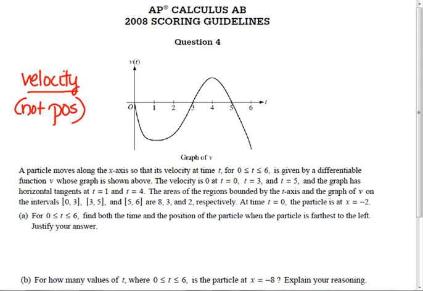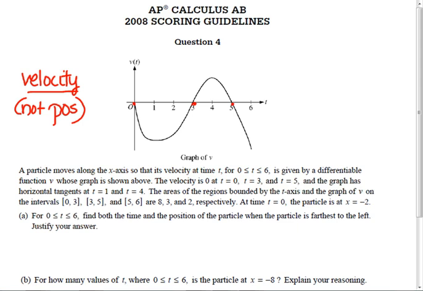And so I'm looking at my graph. My velocity appears to be 0 here, here, and here. And the position then would be adding up the area under the curve, because that's what the integral is. Let's read the problem. A particle moves along the x-axis, so they're going to call it x of t rather than s of t. Its velocity at time t is given by a differentiable function whose graph is shown above.